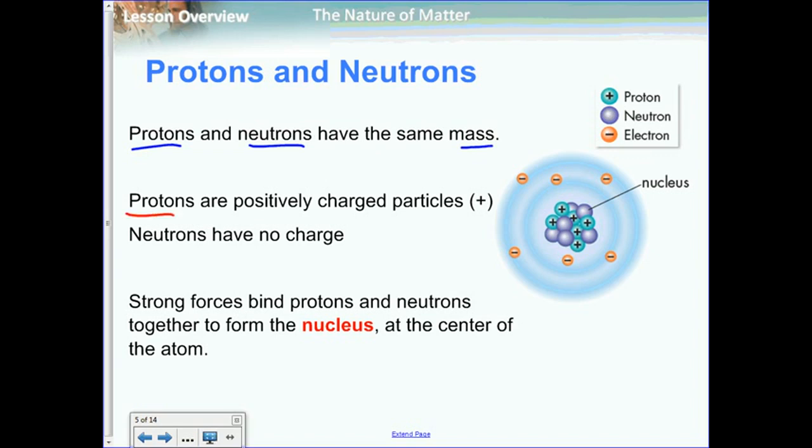Protons are positively charged, so they have a positive charge. Protons are positive. Neutrons have no charge. Neutrons are neutral. The protons and neutrons are combined together in the nucleus, right? The nucleus of the atom is in the center of the atom, and they're held together there.